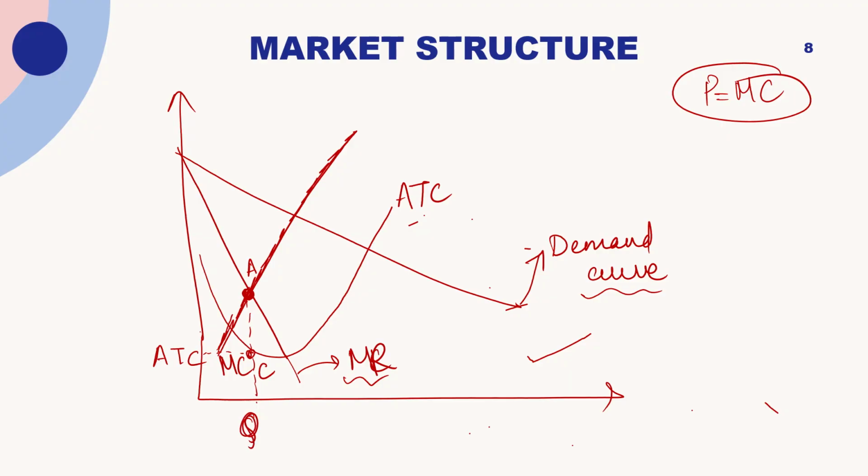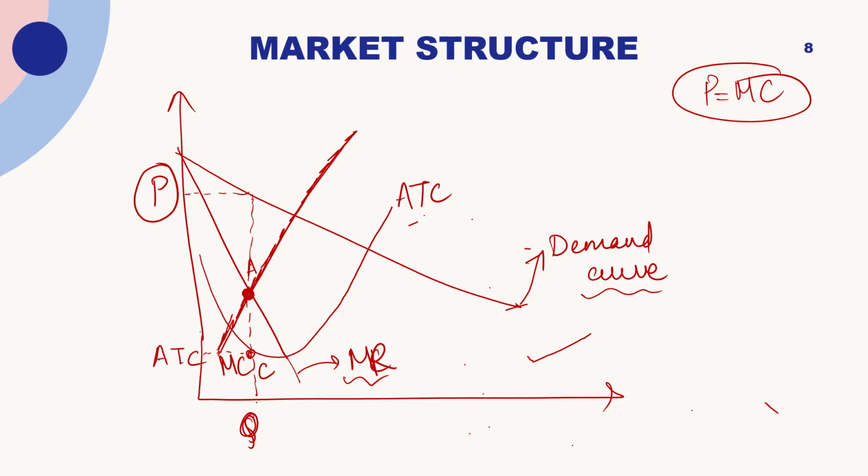But an important point to remember always is that whenever you have to see the price, you will not see the price through point A. You will see the price always through the demand curve because here it decides the price. The price is not fixed. So you produce it back, and here this is your monopoly price.